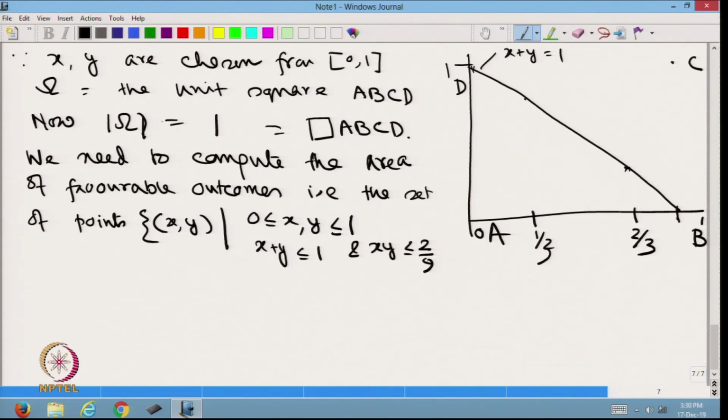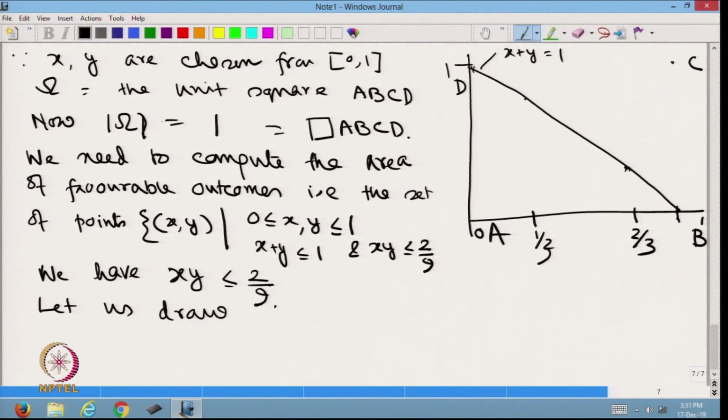Now, these 2 points are significant because we have x y less than or equal to 2 by 9. So, let us draw the curve y is equal to 2 by 9 x.